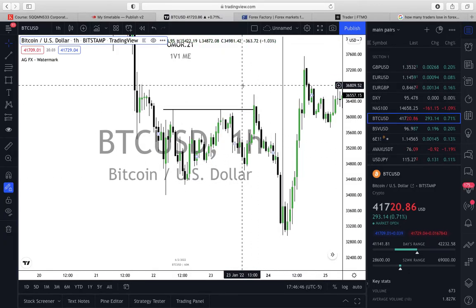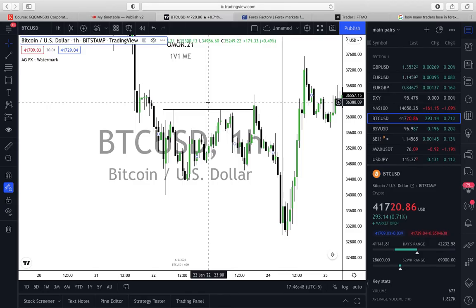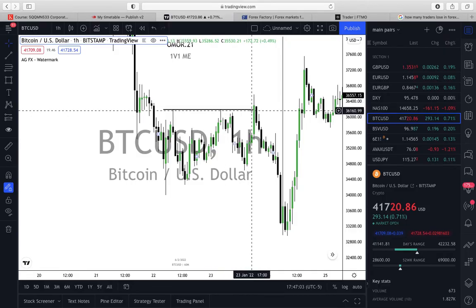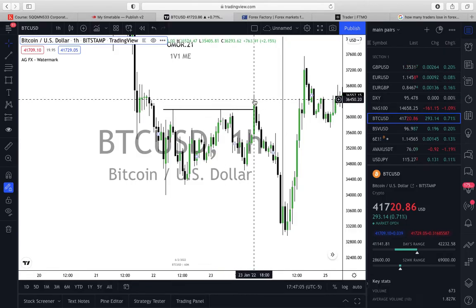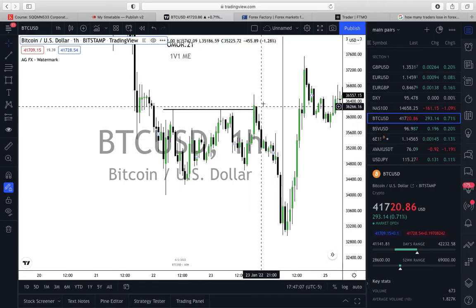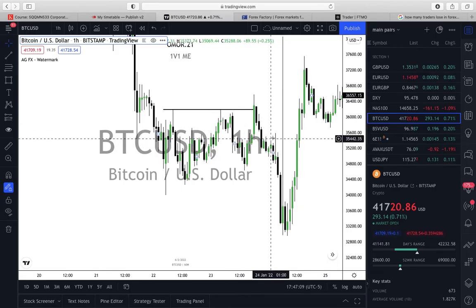This is buy side liquidity. In your notes, above old highs, there is buy side liquidity. Below old lows, there is sell side liquidity. Yeah? So you want to take buy side liquidity, which is here, and we've done that, and you want to deliver it to where?